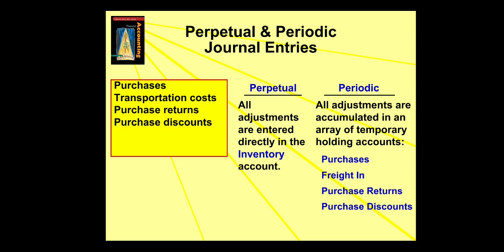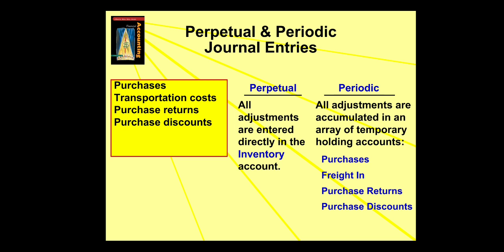Another thing is, sometimes if you purchase inventory on credit and you pay early, the supplier will give you a discount. Here you will learn how to record the transactions related to purchases of inventories according to the perpetual and periodic systems.